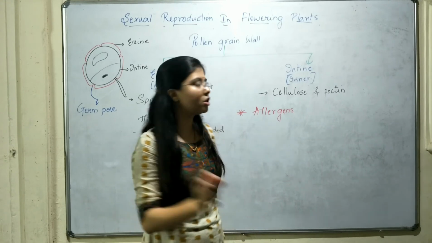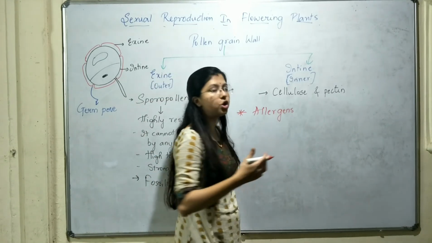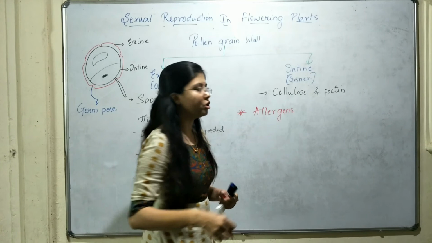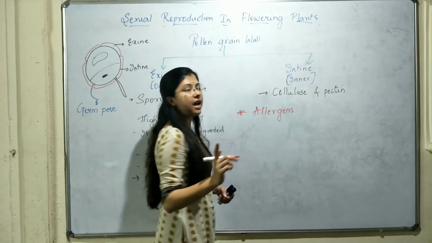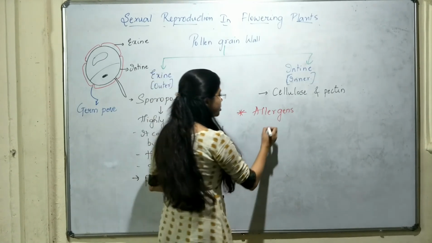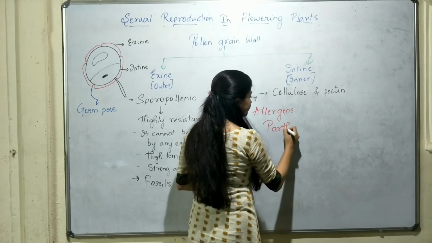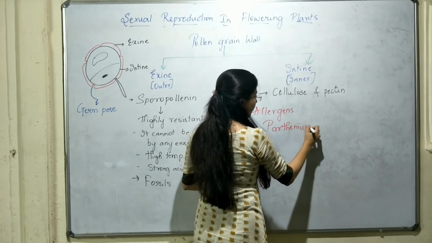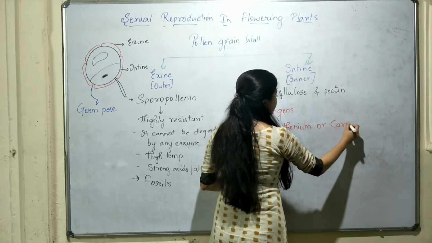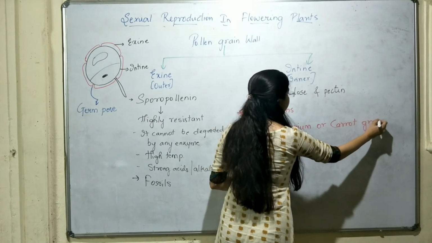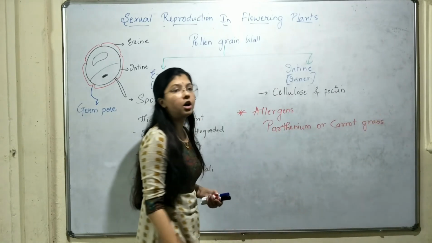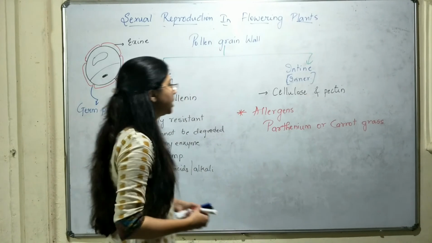That dust consists of the pollen grains of certain species which act as allergens. One very common pollen allergen found in India is that of Parthenium, or it can also be called carrot grass. This was brought to India along with the wheat species.